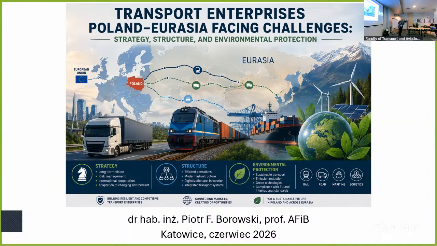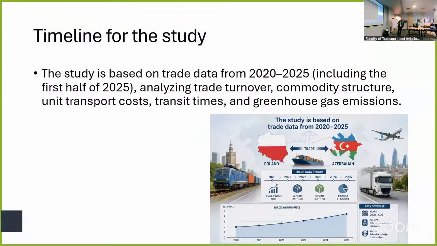These are three key factors which are very important nowadays. The timeline for the study: I made research between 2020 and 2025, including the first half of 2025, analyzing trade turnover, commodity structure, unit transport cost, transit times, and greenhouse gas emission from the environmental aspect.